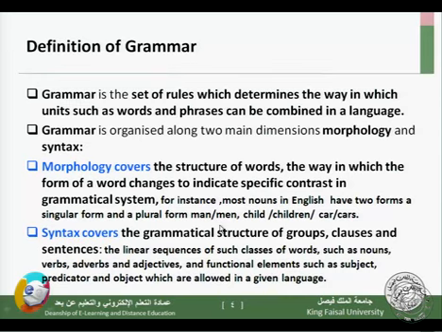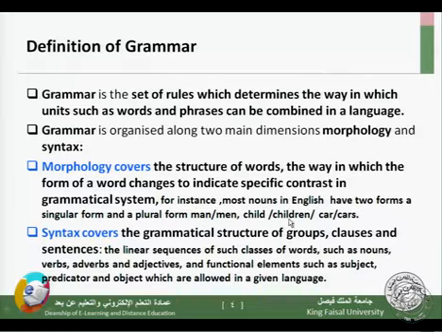Now look at this, for instance, in English. Most nouns we have in English have two forms, a singular form and a plural form. Look: man, men; child, children; car, cars.